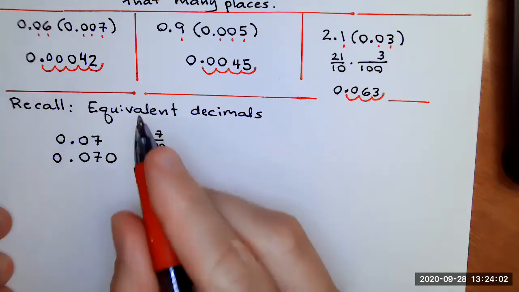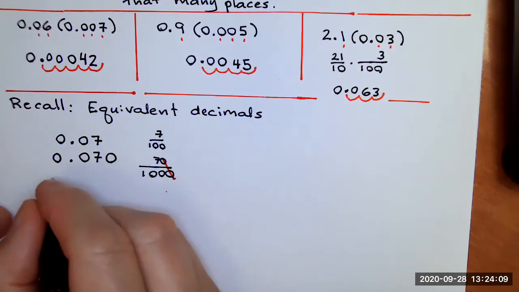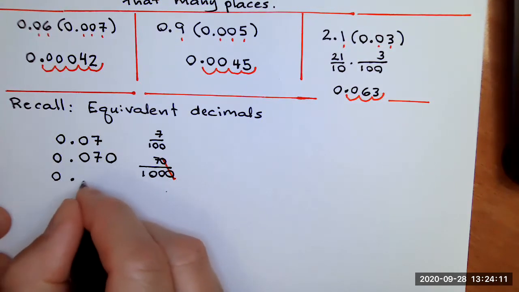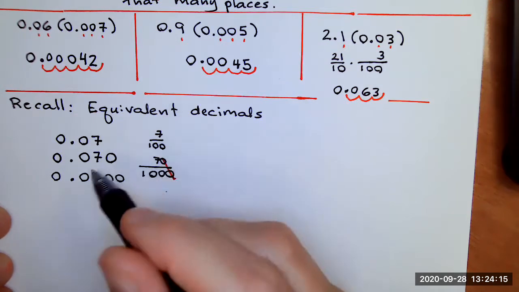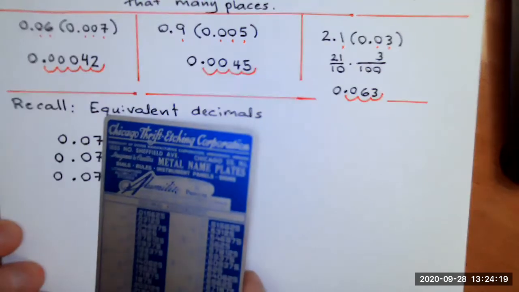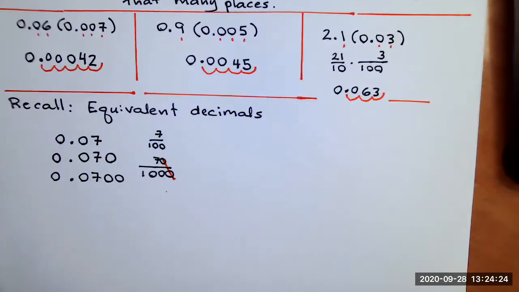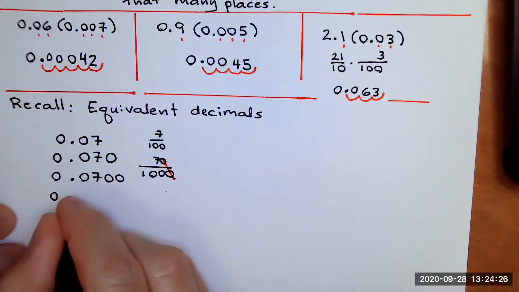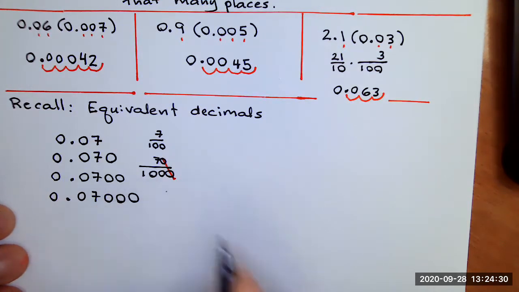If you reduce, you can see those are the same fraction or fractional decimal. Another thing to note is that in all of these, the 7 is in the hundredths place. That's how you can remember that all of these are equivalent decimals.